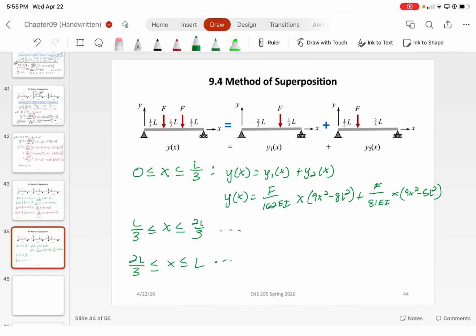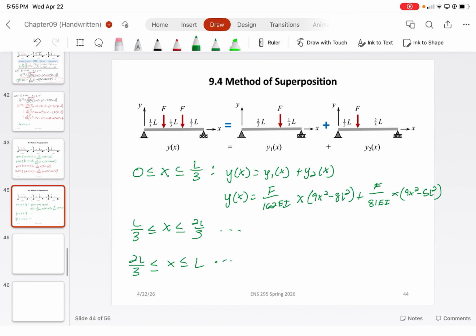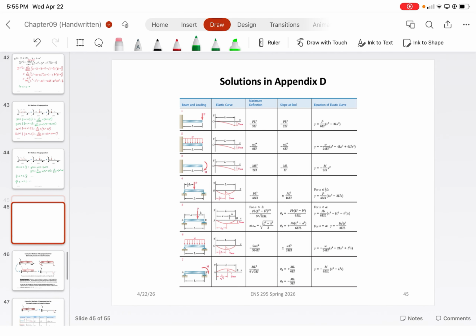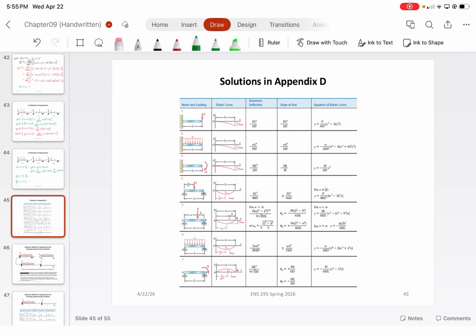All right. So I don't know why I have that here, but basically in Appendix D of your textbooks, there's a bunch of different values applied all over the place. A really useful time when this becomes applicable is if you're trying to find maximum deflections and the maximum deflections coincide with each other.